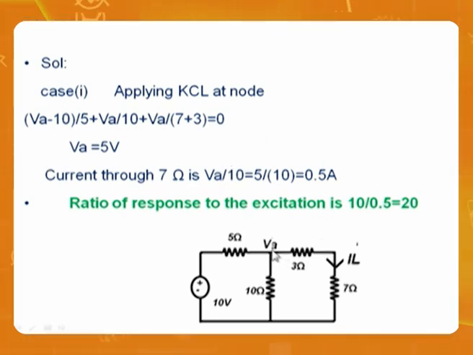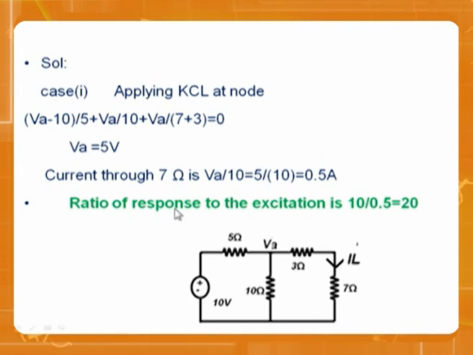Simply apply (VA minus 10) by 5, plus VA by 10, plus VA by (7 plus 3) means 10. So what is the value that you got for VA? 5 volts. Current through the 7 ohm resistor, very simple. That is nothing but VA by 10. So 5 by 10 means 0.5.